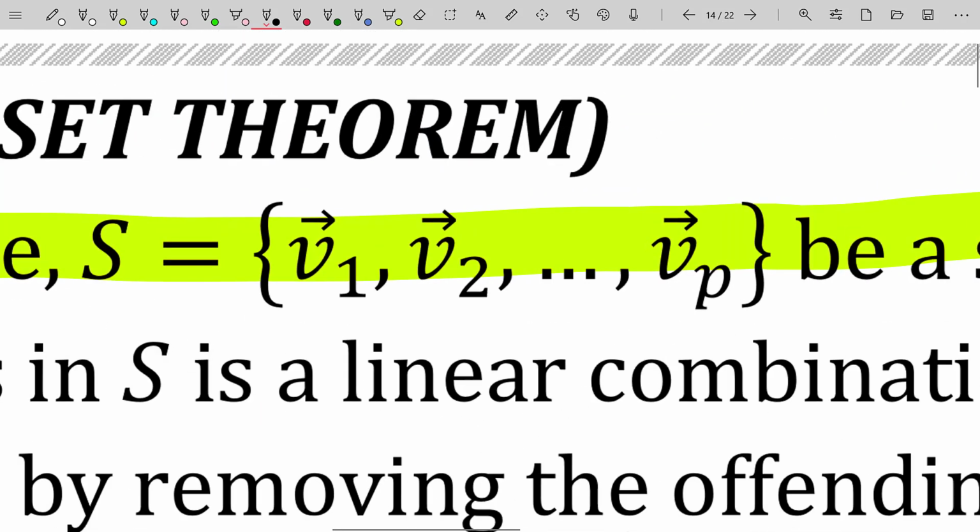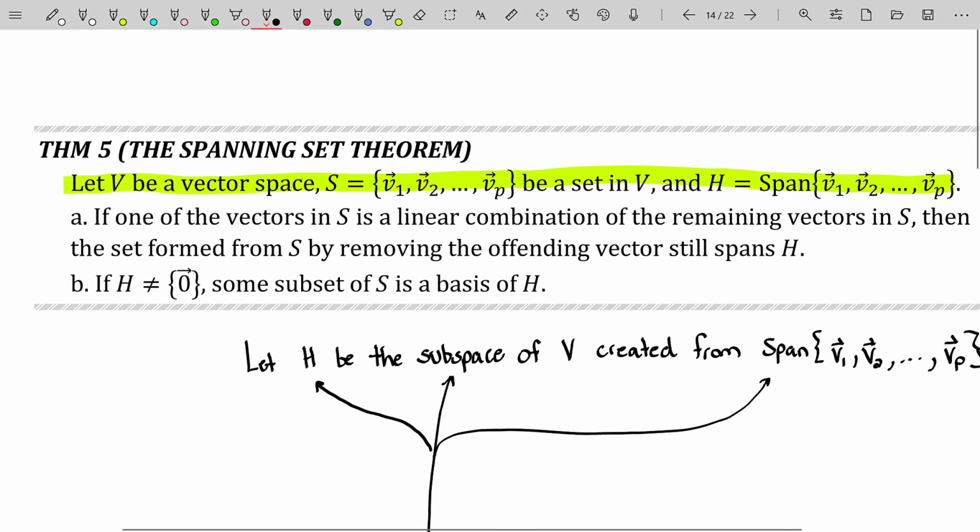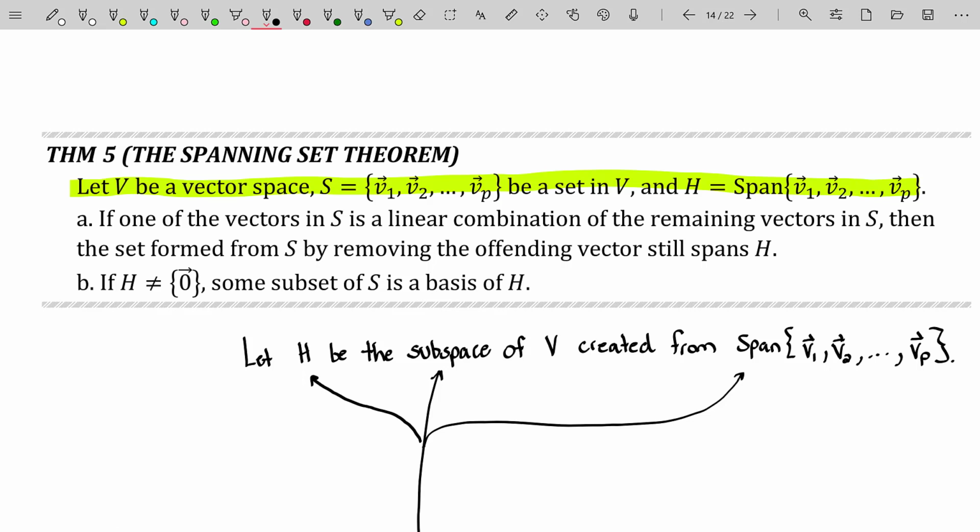If one of the vectors in our set S is a linear combination of the remaining vectors, then the set formed from S by removing the offending vector will still span H. That should be somewhat obvious to you.